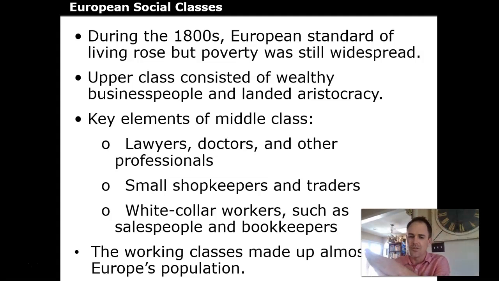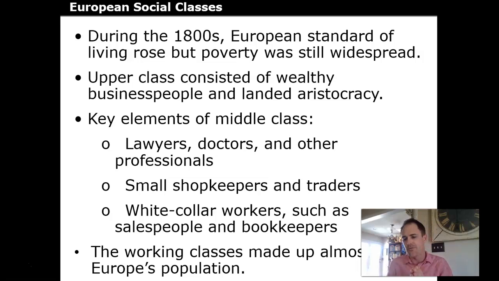There's this new middle class of the people who help make the factories or make these new businesses work, though they're not actually working with their hands in the factory. So I'm talking about these professionals, the managers of the factories, also the bookkeepers, the salespeople, the lawyers that are handling the legal needs of the factory owners.